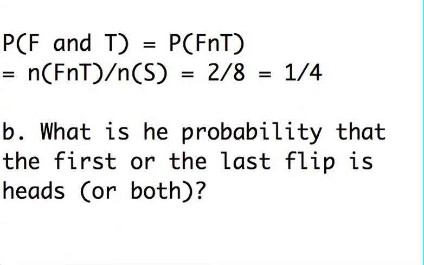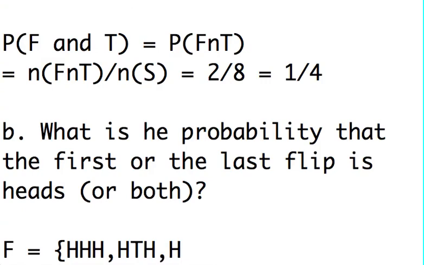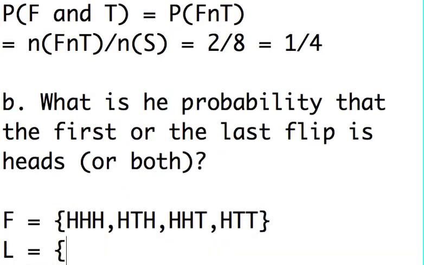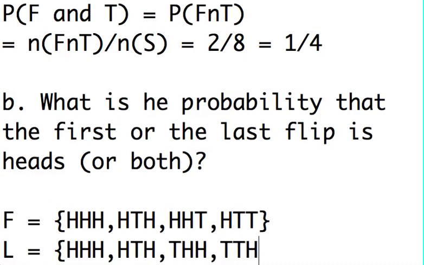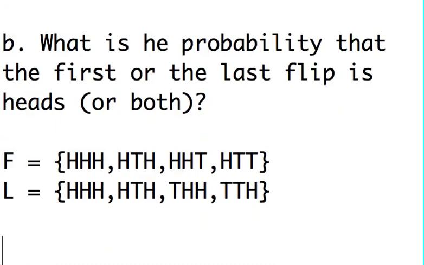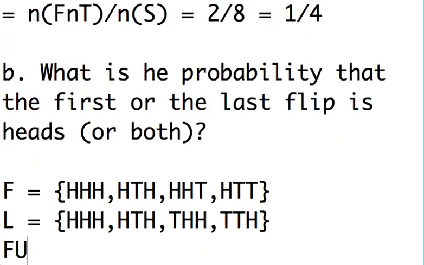So again, the ways for heads to come up first are heads, heads, heads, heads, tails, heads, heads, heads, tails, or heads, tails, tails. The ways for it to come up last are HHH, HTH, THH, or TTH.